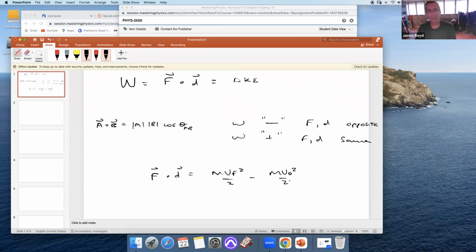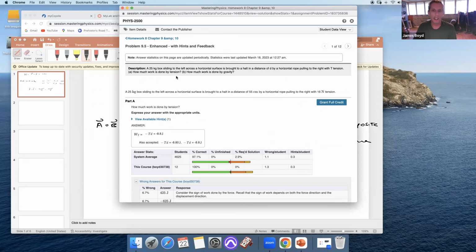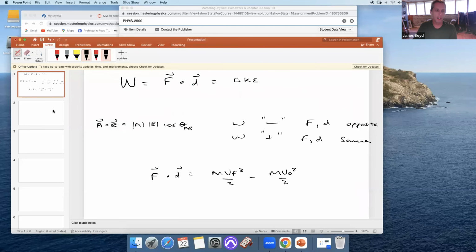And so when we look at our first problem, what it's telling us is that there's a 25 kilogram box. It's sliding to the left, and it's brought to a halt in some distance D, which turns out to be 55 centimeters. And the rope that's doing that has to have a force of 16 newtons.